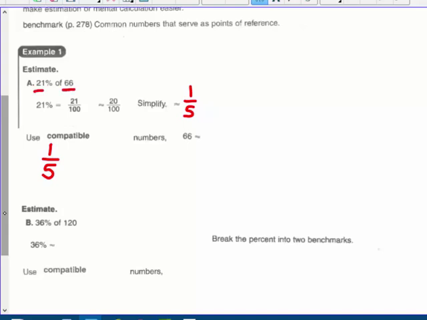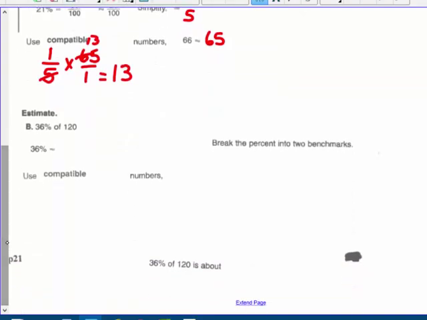And then I'm going to round my 66 to a number that 5 goes into, which is 65. So I could get that answer as 13. Because yes, 5 goes into 65 13 times. So 66, as a compatible number, would go to 65. So that's an example of using compatible numbers.